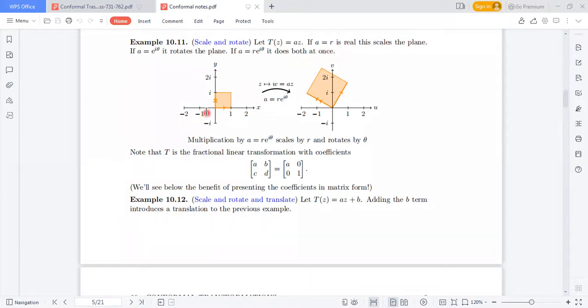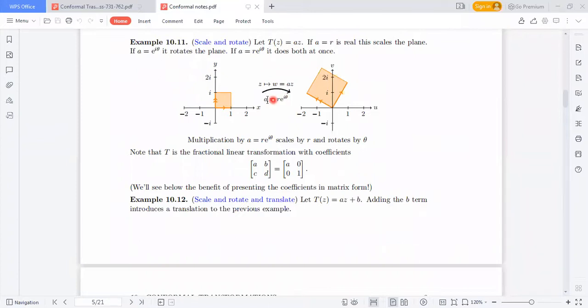Suppose this is the Z plane and this is the W plane. From the given function, a equals r e to the power i theta, which is the polar form. Remember it.